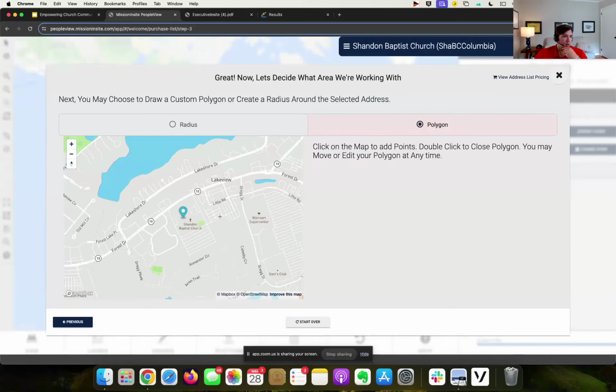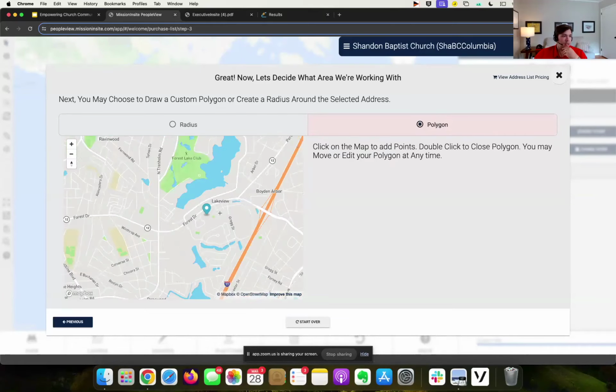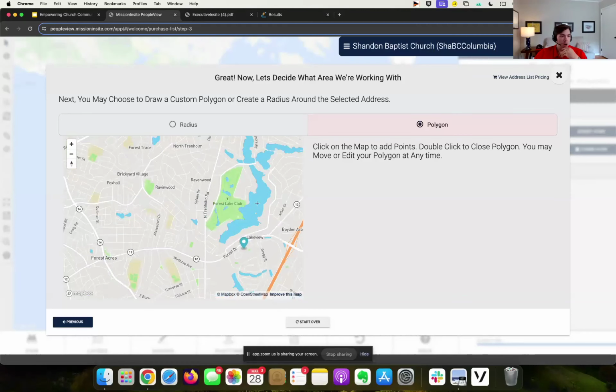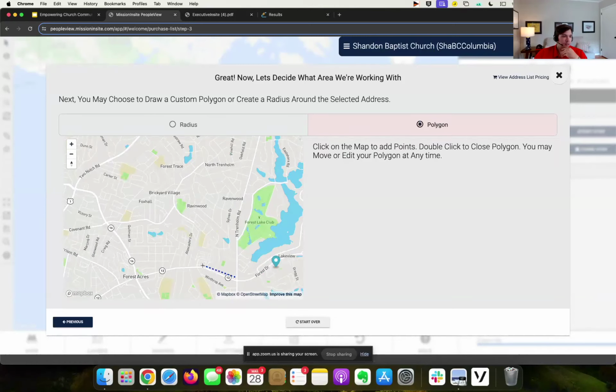And I want to draw an area on a map where I saw a high grouping of single parents. There were none over here, by the way, so I'm not gonna search that list. I'm gonna come over here in this segment, and what I can do is just draw a simple shape around these neighborhoods.